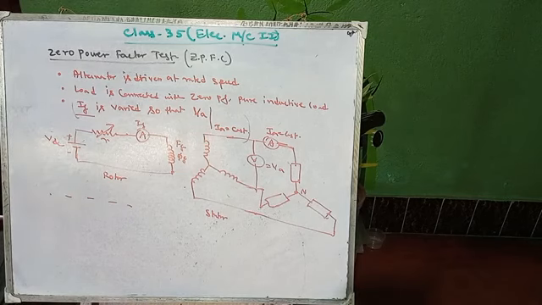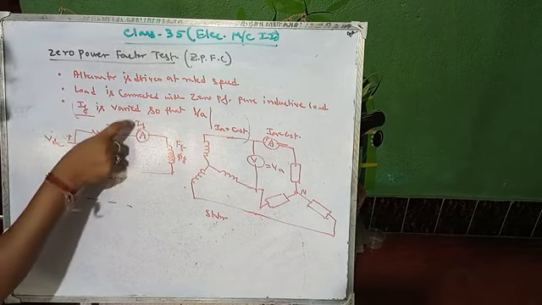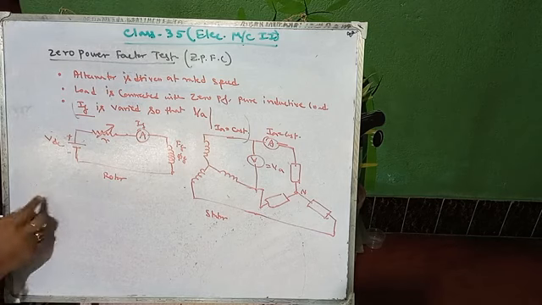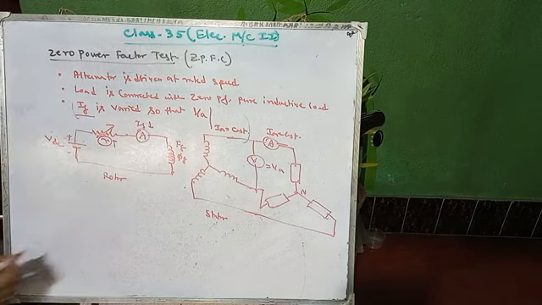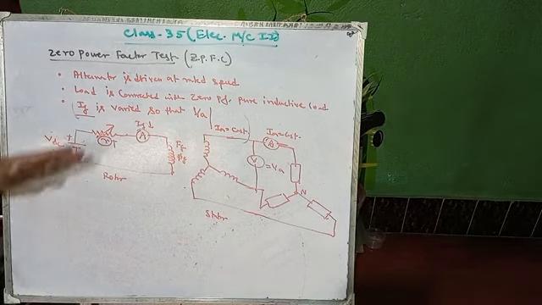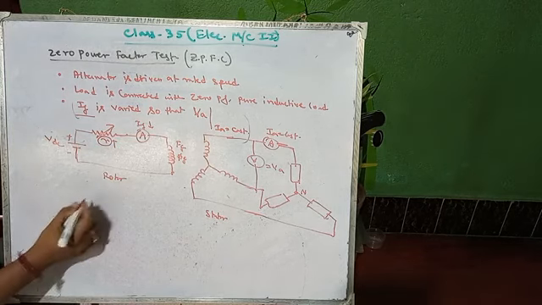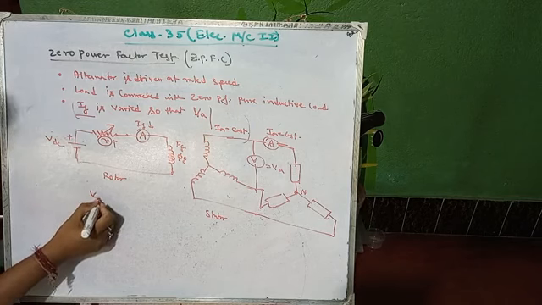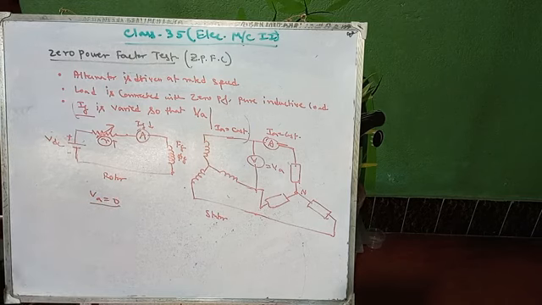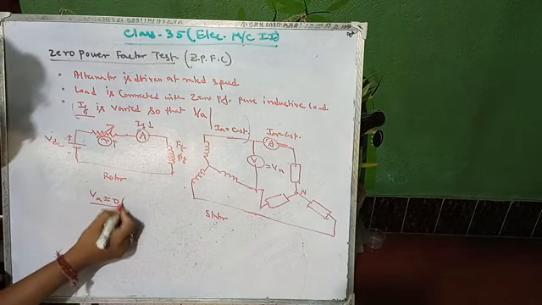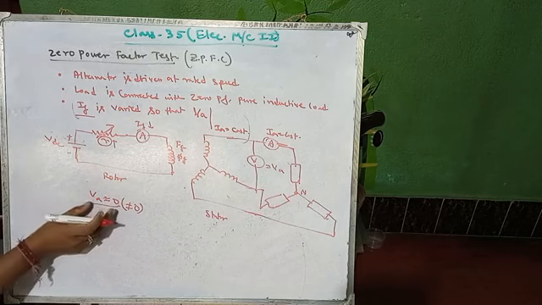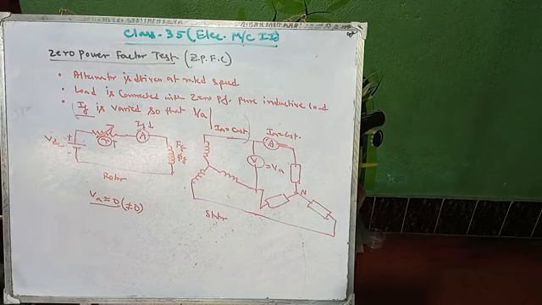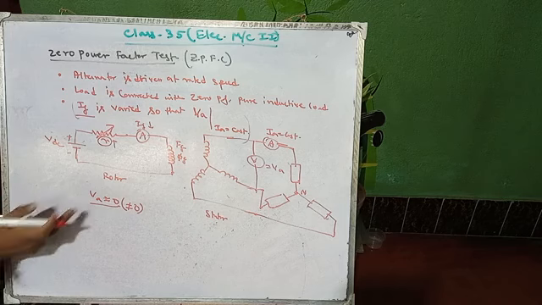It is observed that when IF is very small, that is, R is very high, VA is approximately equal to 0, but not exactly 0. Very nearly 0, almost 0. We can assume it as 0.